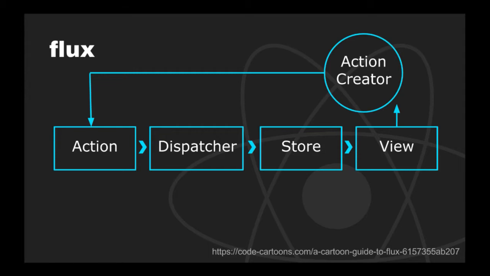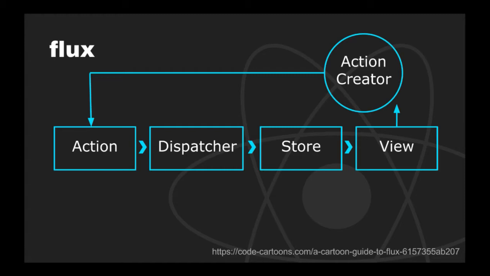So I'm going to take an inspiration from this site, Code Cartoons. It's an interesting site because it's mainly trying to explain complex architectures like Flux in this case by using cartoons.